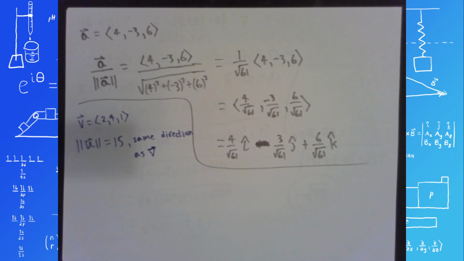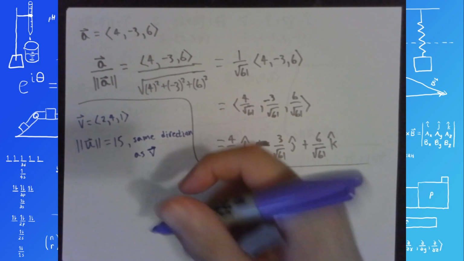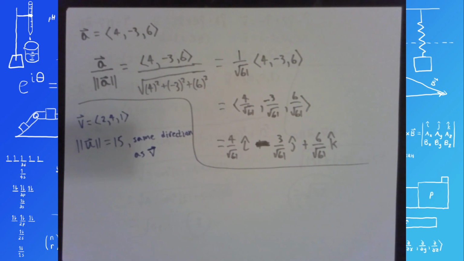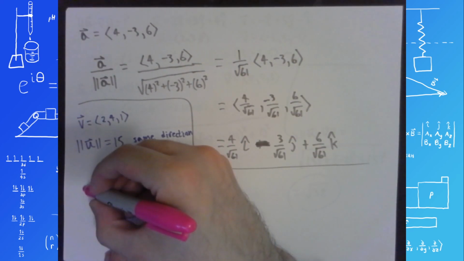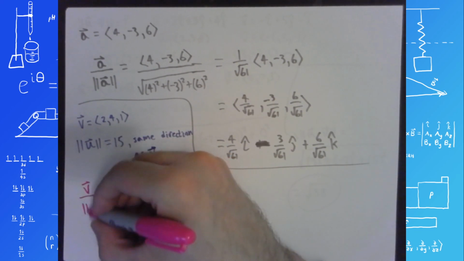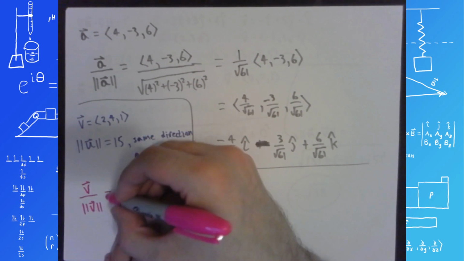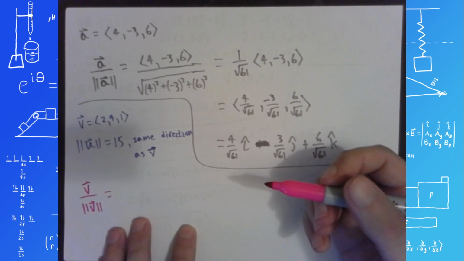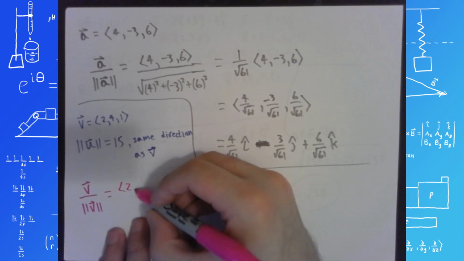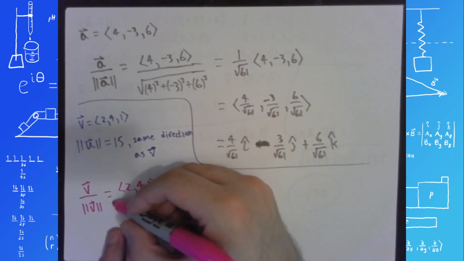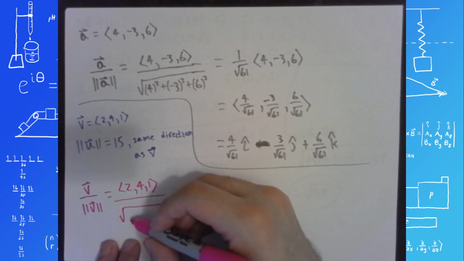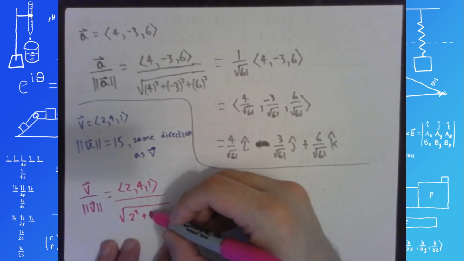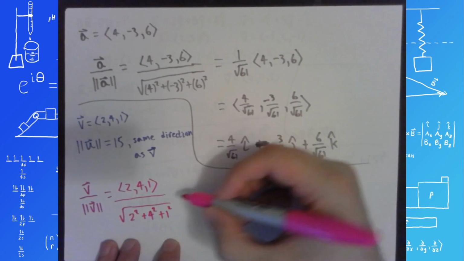Okay, so we want a magnitude of 15. Easy enough to do. Just find the unit vector first. So we'll do v over its own magnitude, and that will be (2, 4, 1) over the square root of 2 squared plus 4 squared plus 1 squared.